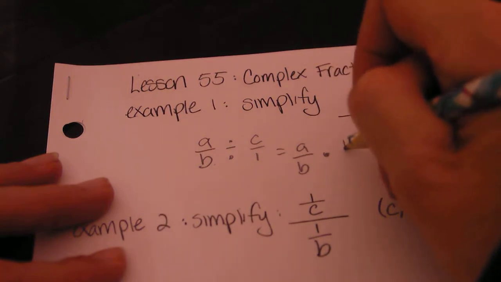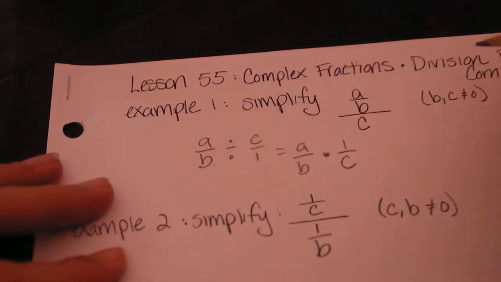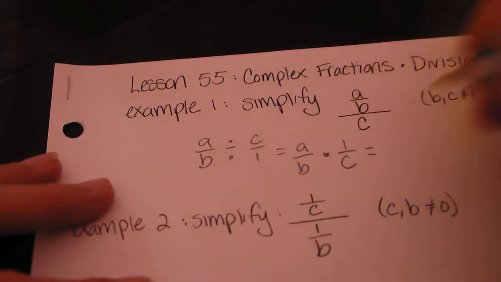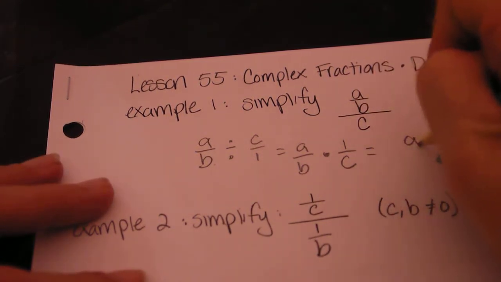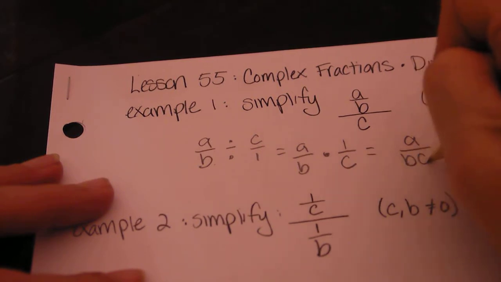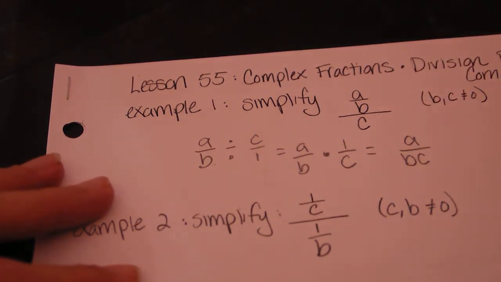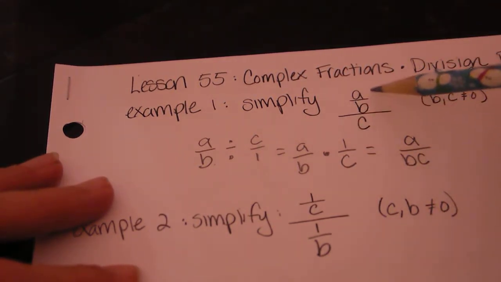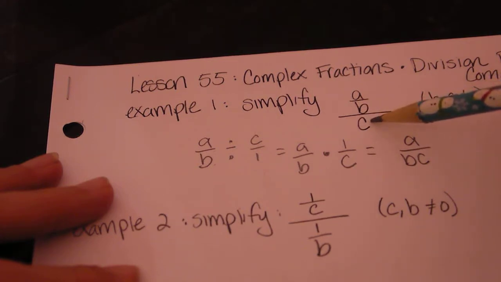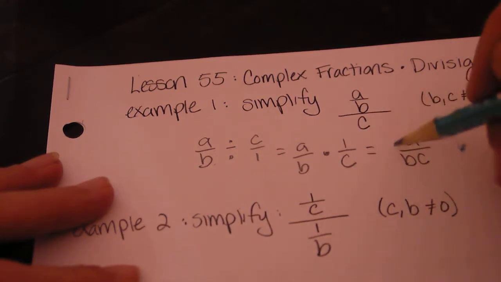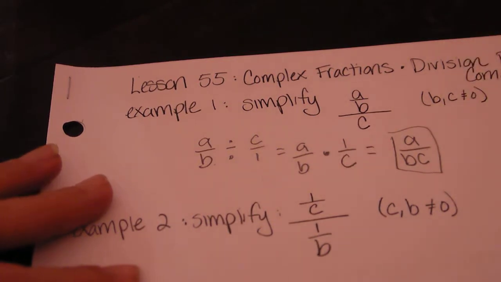And we invert the other fraction, or get its reciprocal. So when we are all done, we're going to end up with A over BC. So what we've just learned is that it simplified looks like this. I'm just using your fraction rules.